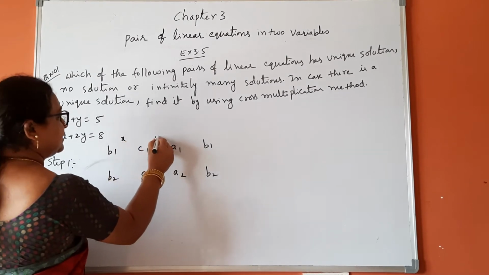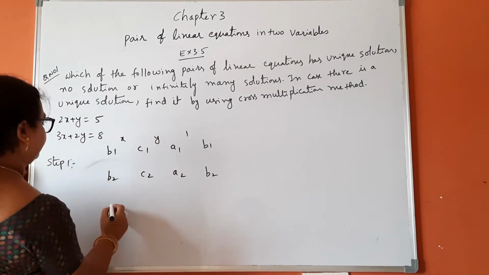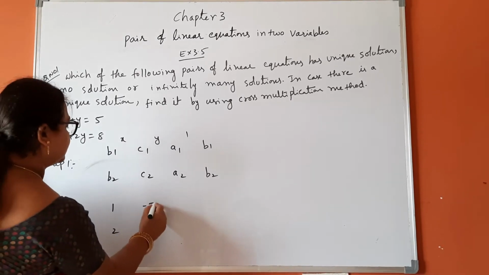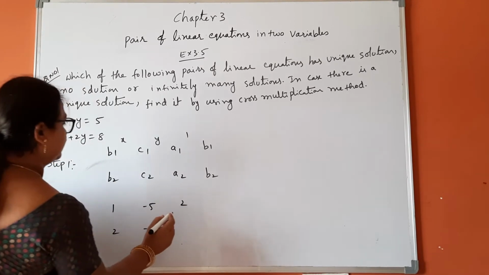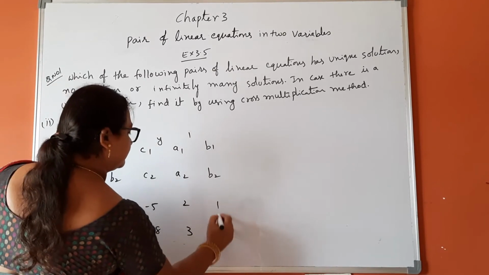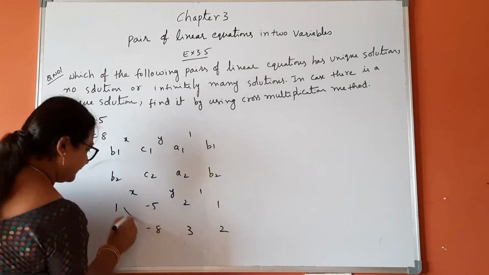Here X, here Y, here 1. So B1, 1, B2, 2, C1, minus 5, C2, minus 8, A1, 2, A2, 3. Again B1, B2, 1, 2. Here X, Y, 1.